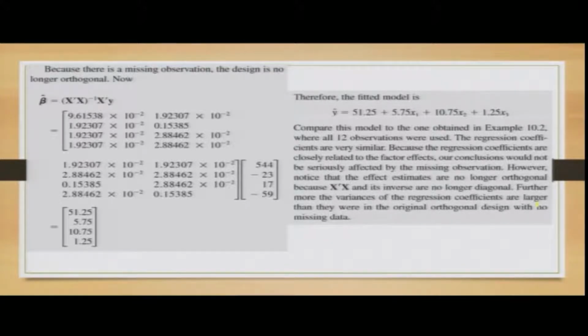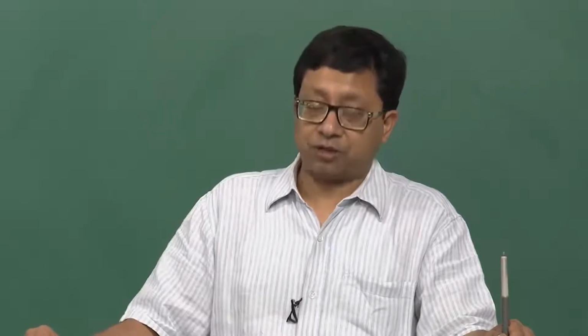So, if you want to find out the nth plus 1 value, it will be y hat nth plus 1, which is in the suffix, would be 51.25, which is beta naught hat, plus 5.75, which is beta 1 hat, into x1; this is the first x value and its corresponding reading is the nth plus 1.